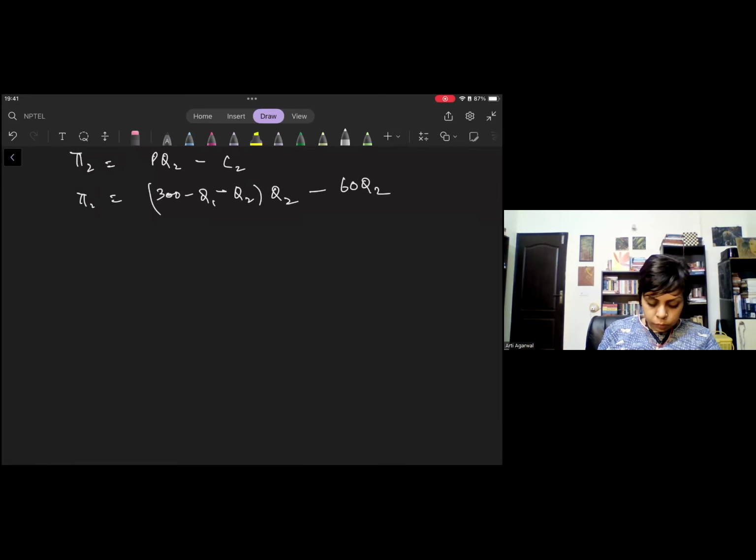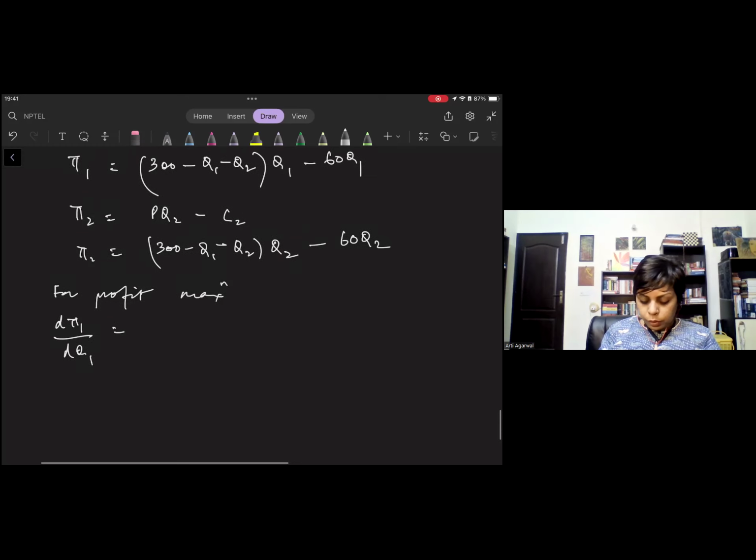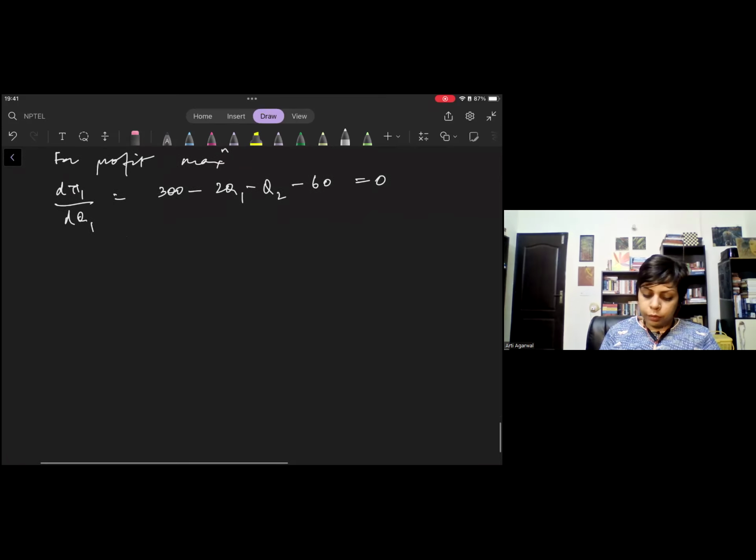So let's take profit maximization, so you will set this as 0 at the point of maximization. This gives you 240 minus Q2 by 2 is equal to Q1.